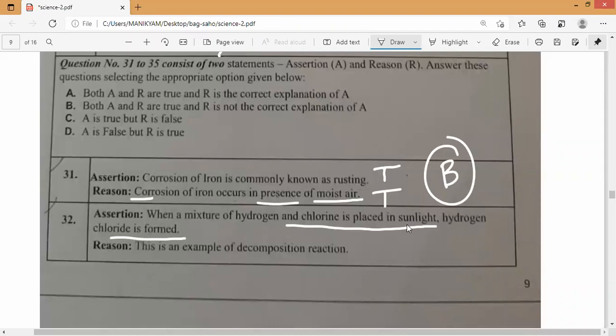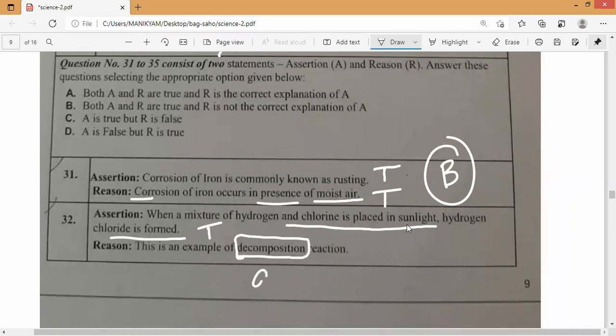Please, all of you remember the combination reactions at the starting. Some examples of combination reactions that take place, for example, if we take magnesium. The assertion is true, I will give you the explanation. But it is an example of what?